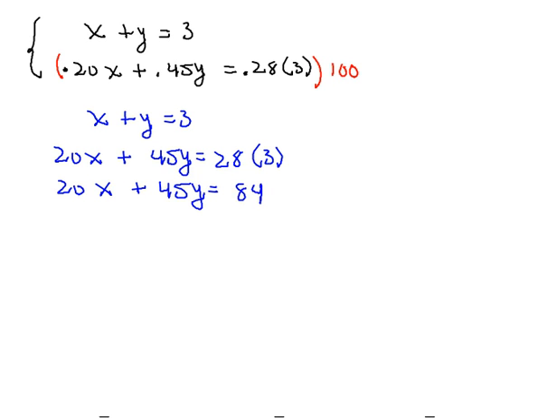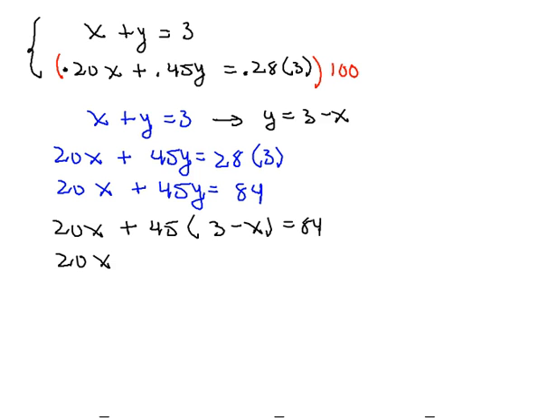Now I think it probably will be easiest if we use the substitution method here to solve. So what I'm going to do is solve the first equation for y. So y will be equal to 3 minus x. And then we'll substitute that into the second equation for y. So what we'll then have will be 20x plus 45 times the quantity 3 minus x is equal to 84.